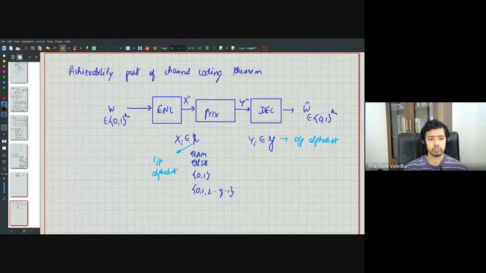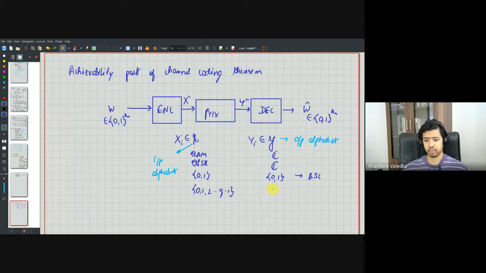For example, if you're passing either QAM or QPSK symbols through maybe an AWGN or a fading channel, then the output could be a complex number, or maybe a real number if you're sending BPSK symbols. For the BSC, the input would be 0, 1. You send a bit, and then you receive one particular bit, which could be flipped with some probability.